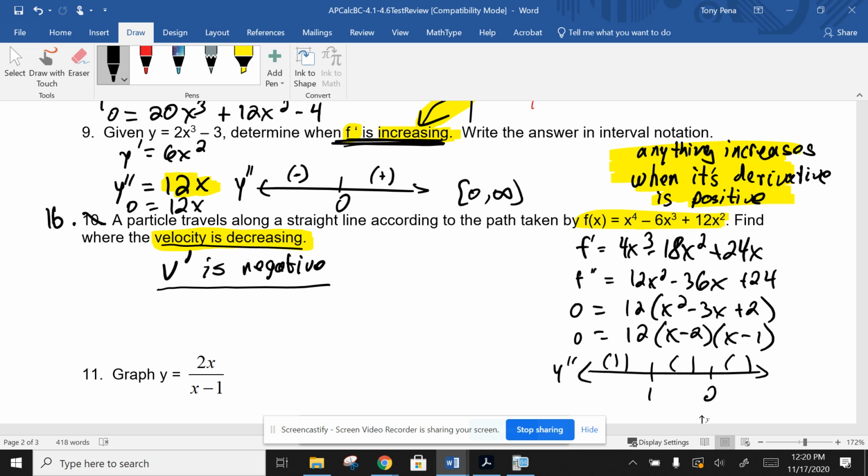When we do this, and again, I'm going to assume we can do our sign charts pretty efficiently, it should go positive, negative, positive. So my velocity will decrease when my velocity's derivative is negative, but that's what this is. The second derivative or acceleration is my velocity's derivative. So we should be decreasing for a velocity between 1 and 2.